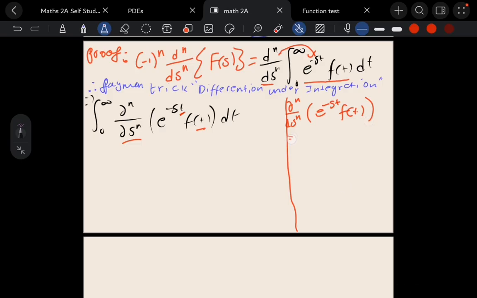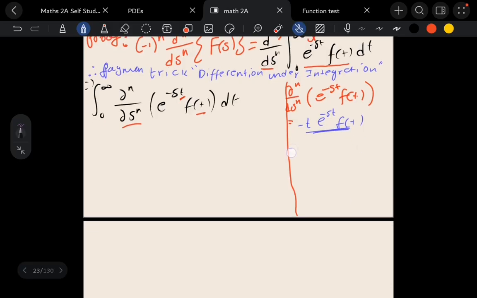If we derive this, we are going to have first negative t e to the power negative st f(t). If we derive this again, we are going to have t squared e to the power negative st f(t). If we derive this again, we are going to have negative t cubed e to the power negative st f(t).